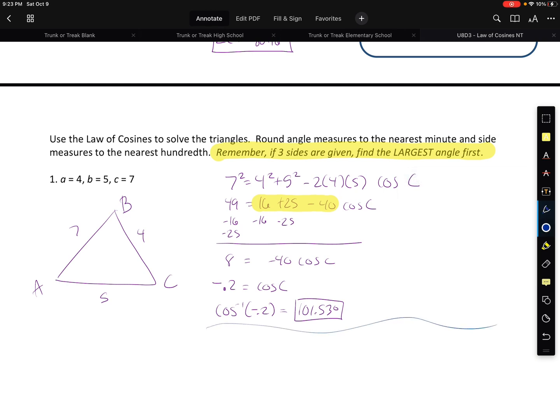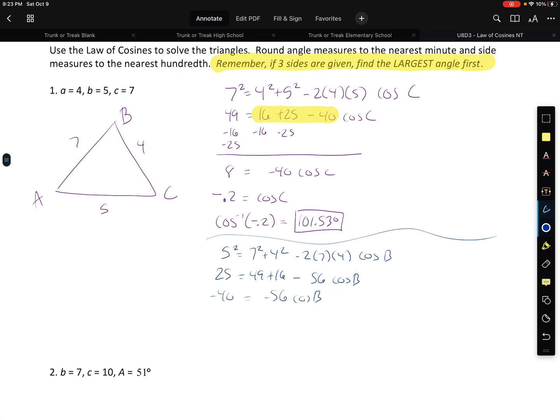For the purpose of practicing this out, I'm going to solve now for angle B using this way. 5 squared equals 7 squared plus 4 squared minus 2 times 7 times 4 cos of B. So 25 equals 49 plus 16 minus 56 cos of B. If I subtract 49, subtract 16, I get negative 40 equals negative 56 cos B. Then I'd have 40 over 56 equals cos B, and I would do the inverse of that decimal.